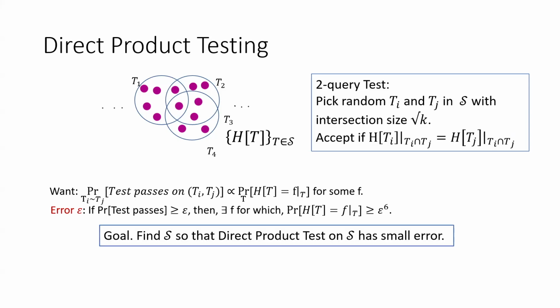So the goal then is to find a set system so that whenever you do this direct product test on the set system for any arbitrary h of T, this direct product test has small error.